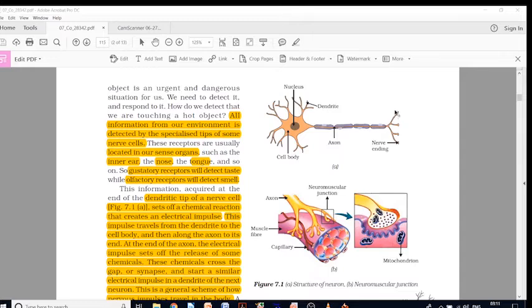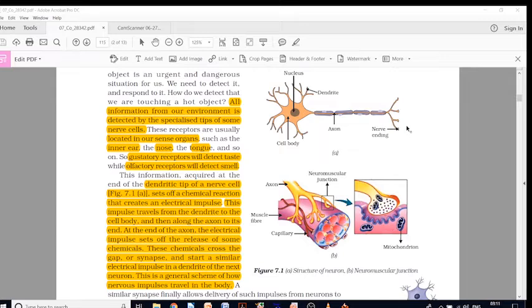After the electrical signal reaches the nerve ending, this electrical signal is converted into a chemical signal, or you can say some chemicals are released whenever an electrical signal reaches the nerve ending.